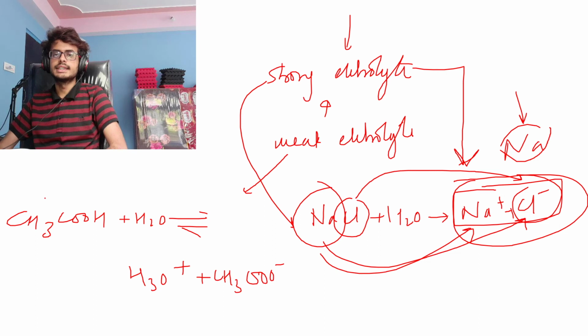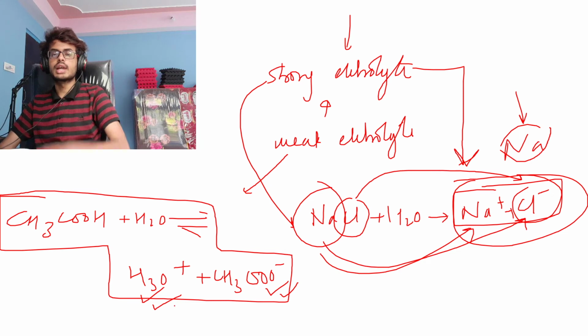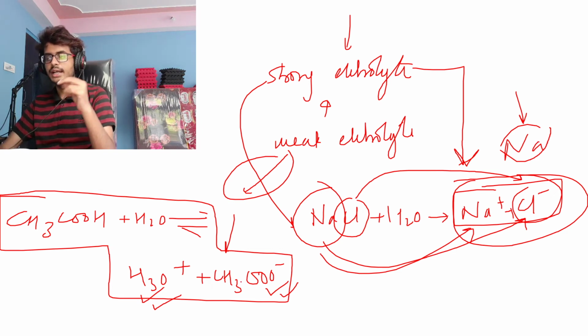Now this is the dissociation of a weak electrolyte. So a weak electrolyte will have ions in its aqueous state. You have to note that you can't conclude that weak electrolytes have no ions in their aqueous state. No, they have ions in their aqueous state, but they are not as effective as strong electrolytes.